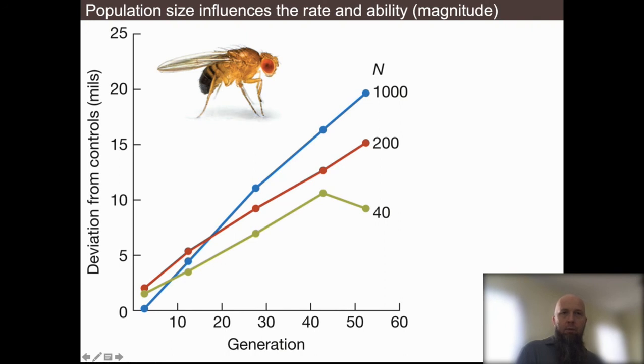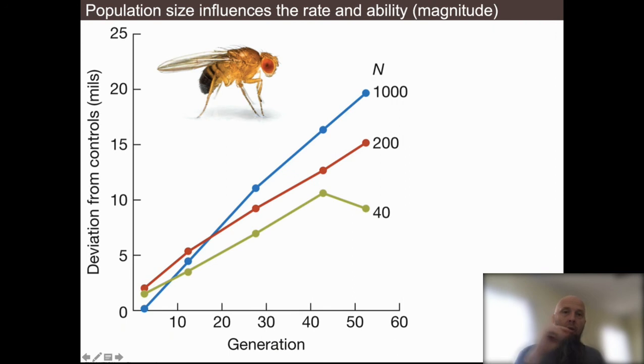And so the control population had a certain wing size, right? And so what we see is over 60 generations, if we compare the control population to the population that we experimentally selected, we can see that the experimental populations increased in wing size relative to the control pretty significantly, right?